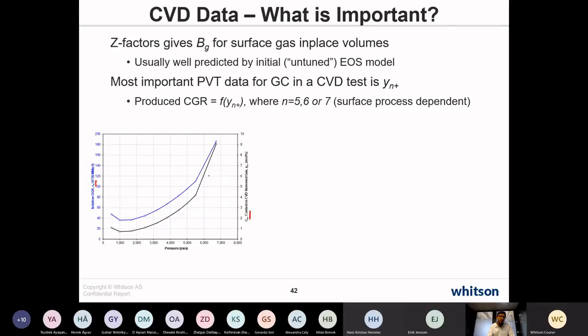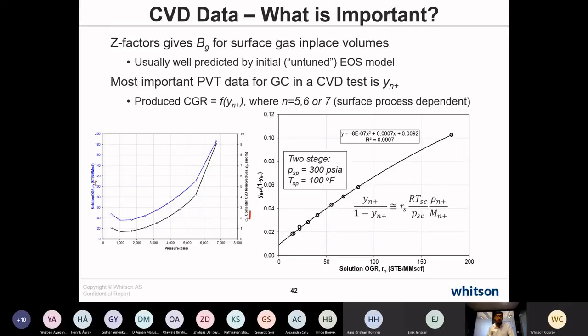That's why this C6 plus or C5 plus content is a very strong function of your little Rs or the Rv or the producing OGR. So we can plot this C6 plus content as this value here versus the solution OGR, and you see it's a very, very strong function.